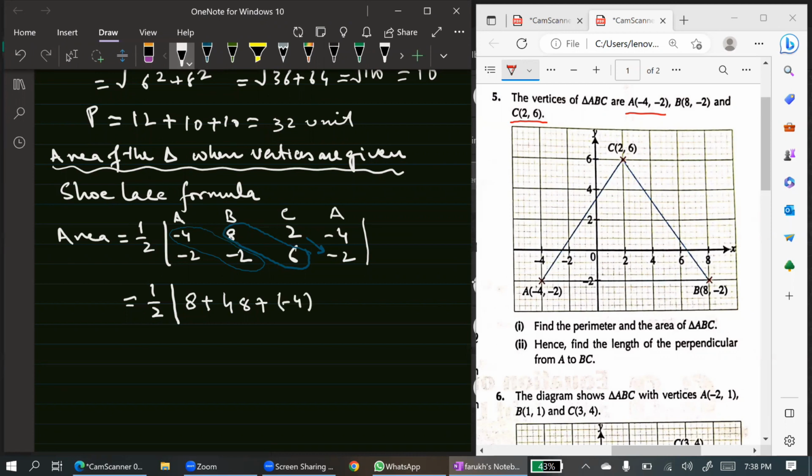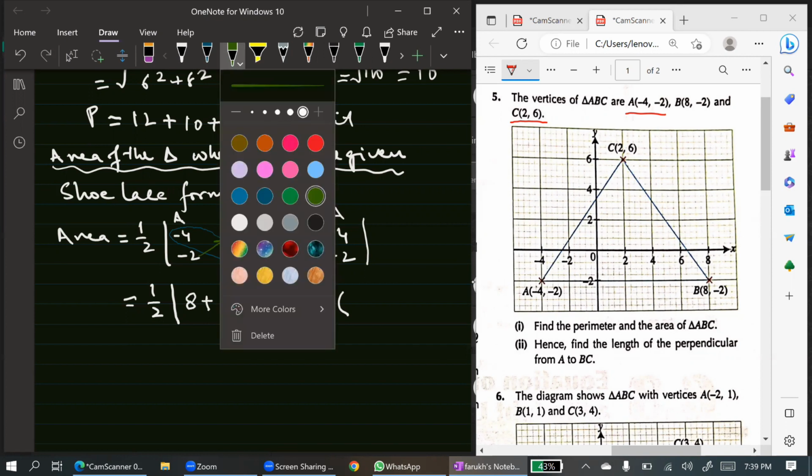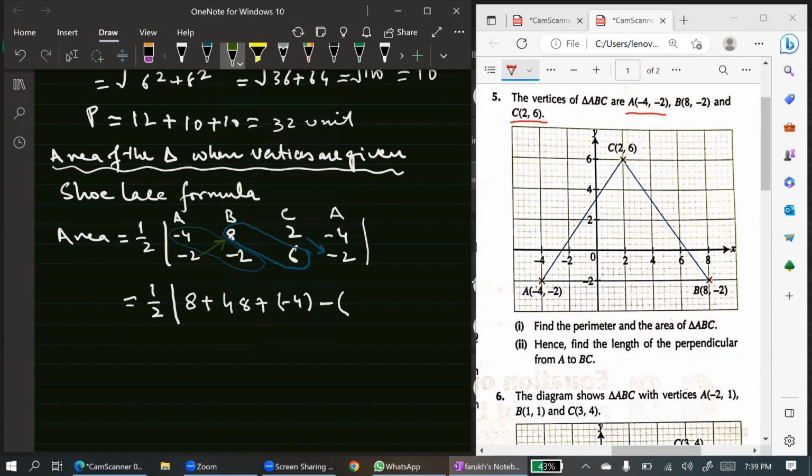Now we will put a negative sign. Now we will multiply these two. What's the answer? -16.